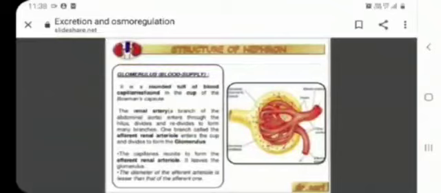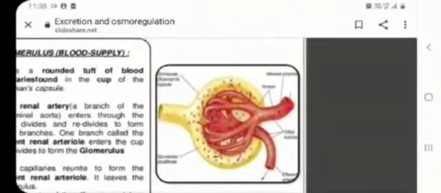The second part of the Malpighian body is the glomerulus or the blood supply. As one can see in this picture, the efferent arterioles have the blood flowing through them. Through the Bowman's capsule, the filtration is happening.